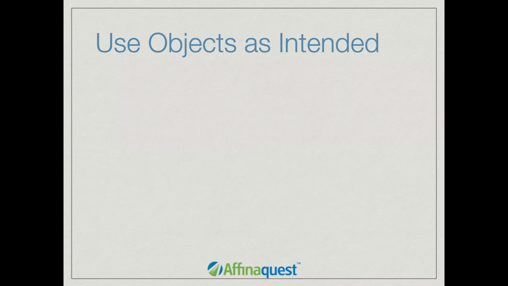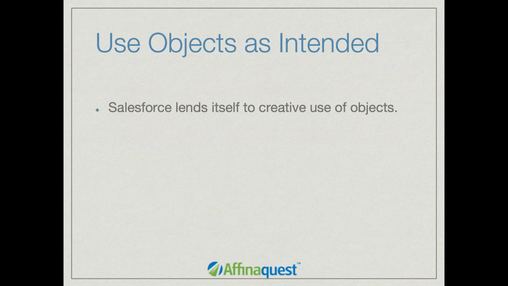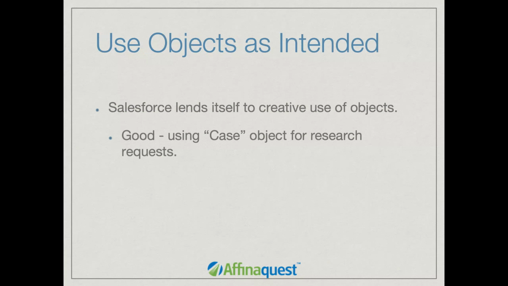Another point that we make is to use objects as they were intended. So Salesforce does lend itself to creative use of objects. Sometimes that can be a good thing. As an example, there's an object called Case. It's a Salesforce object originally designed for tech support, where you would call in to Affinequest and say, I need help on figuring out this report. And a case would be established.